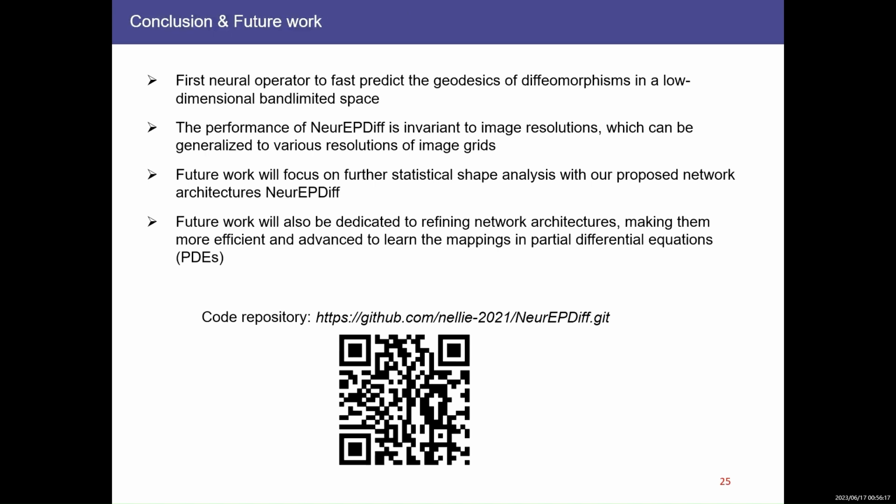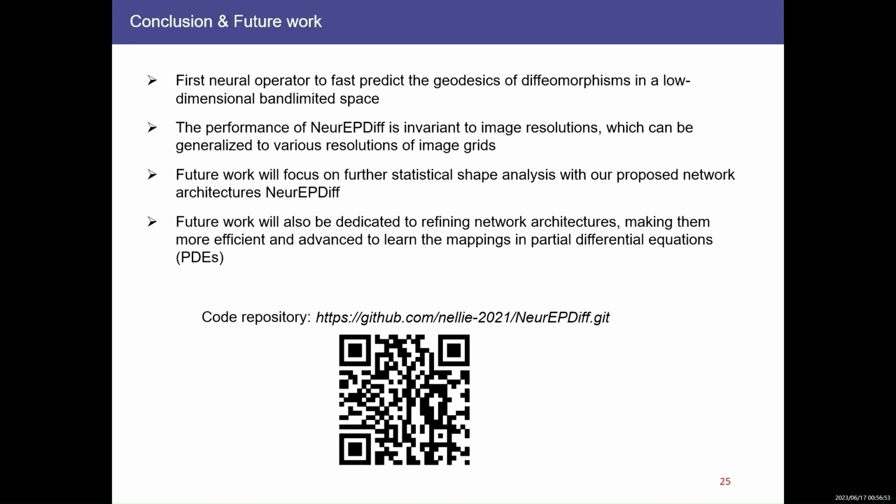So, let's come to the final part. Generally speaking, NeurEPDiff is the first neural approach to fast predict geodesics or diffeomorphisms in a low-dimensional band-limited space. The performance of NeurEPDiff is invariant to image resolutions, which can be generalized to various resolutions of image grids.